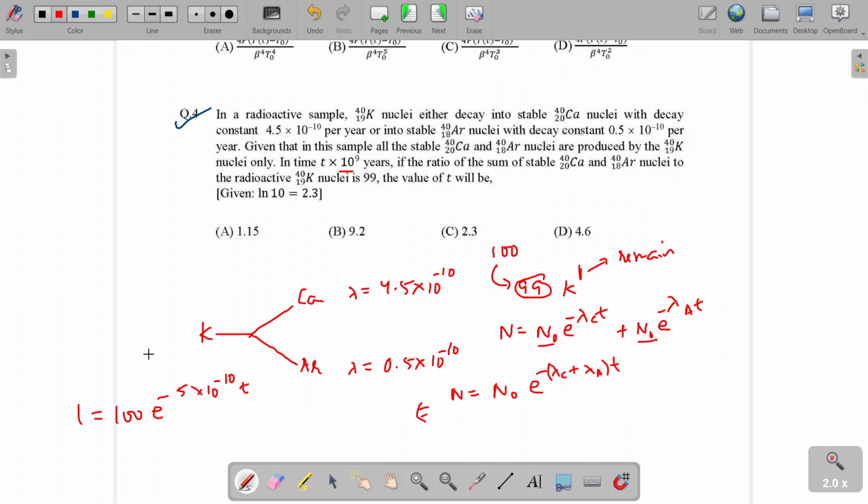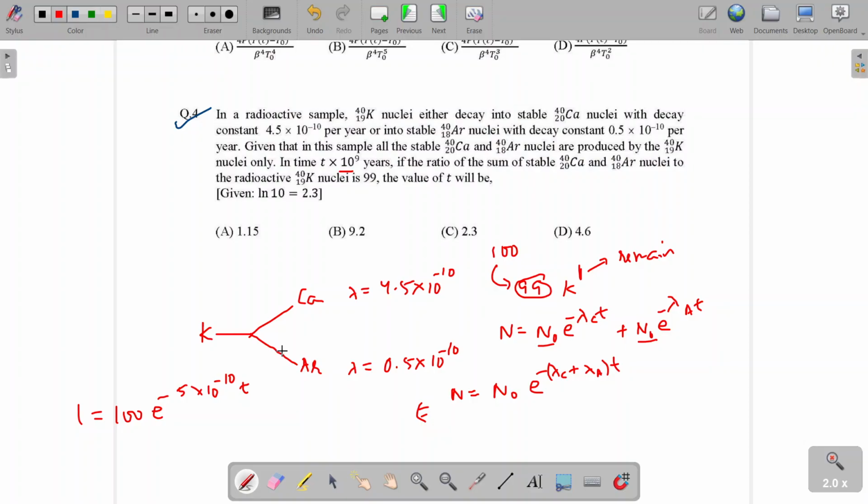So that is the whole question which I wanted to explain. Basically, what is happening is the potassium is decaying into calcium and argon in the ratio 9:1. If you take the ratio of disintegration constants, in that ratio the nuclei get decayed.